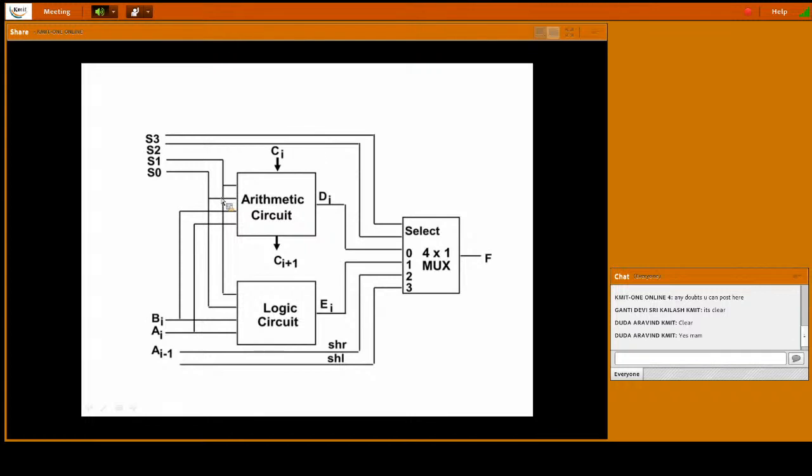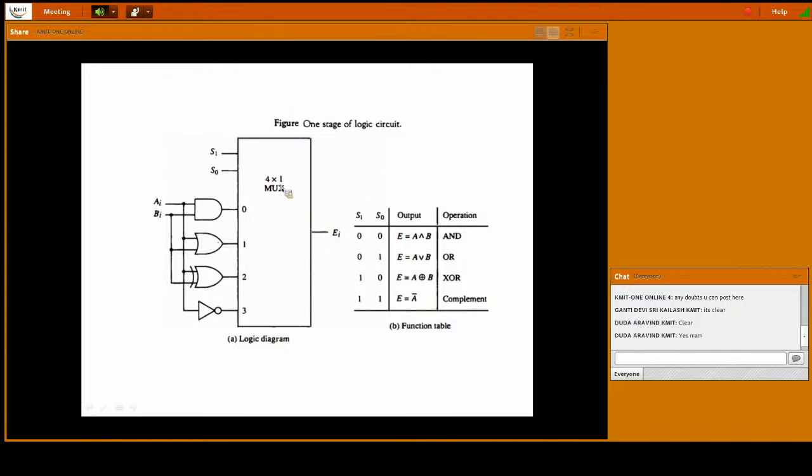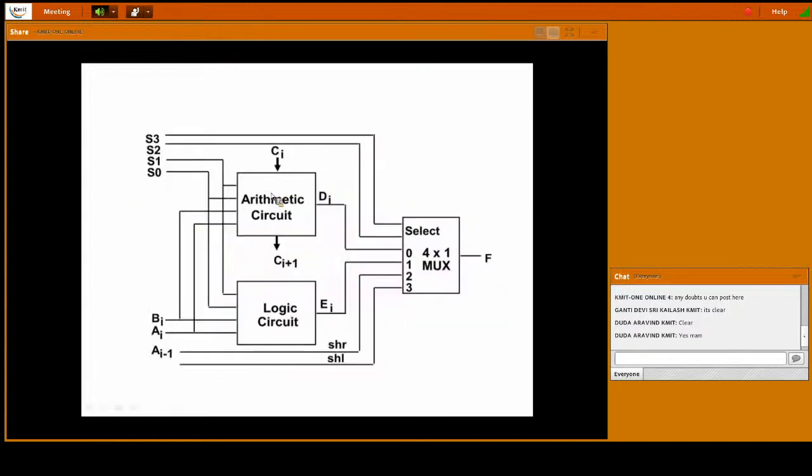And you are implementing all these arithmetic circuits as well as the logic circuits using the multiplexer. So these multiplexers should also be provided with the selection lines. Two selection lines, because here I have considered a register of size 4 bits. That is the reason I am considering a 4x1 multiplexer. So it should be provided with the two selection lines S0 and S1.